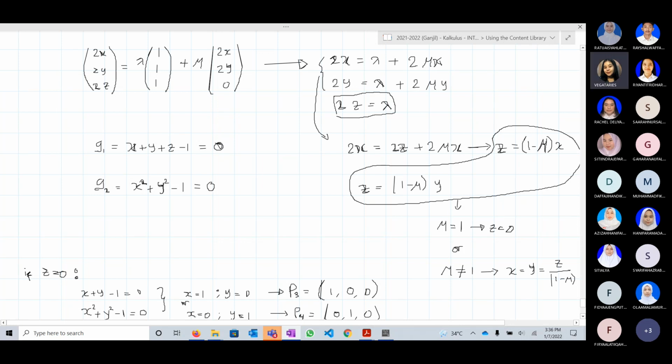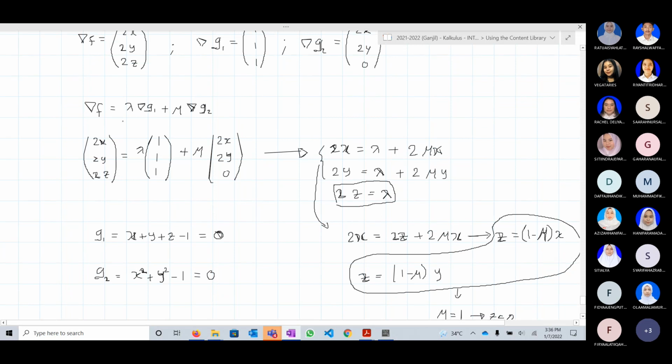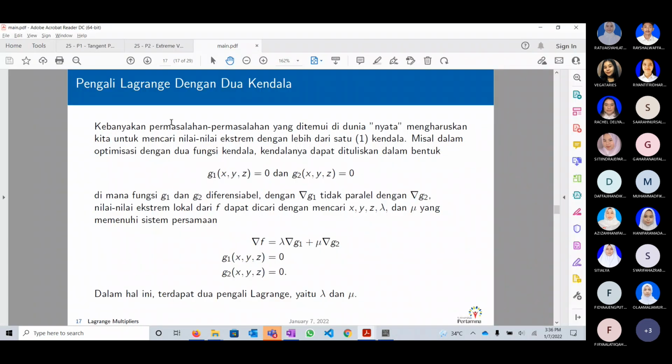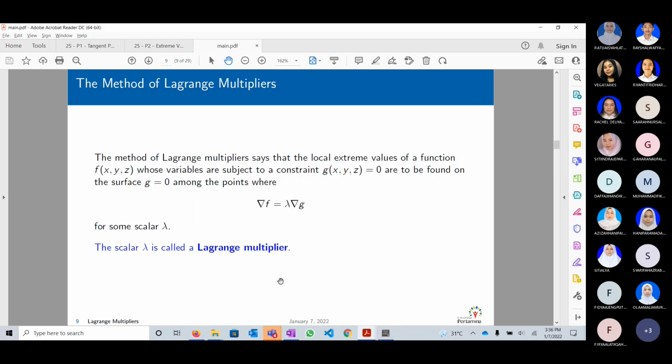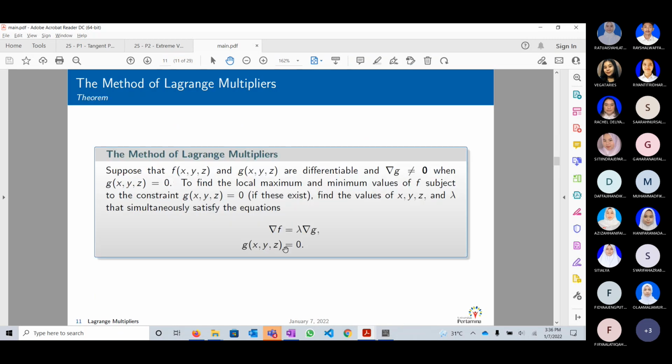Oke, paham. Jadi kata kuncinya kalau kita membahas metode pengali Lagrange, kita harus memformulasikan dulu rumus ini. Jadi kita punya 3 persamaan ini kalau 2 kendala, atau kita punya 2 persamaan ini kalau 1 kendala saja.